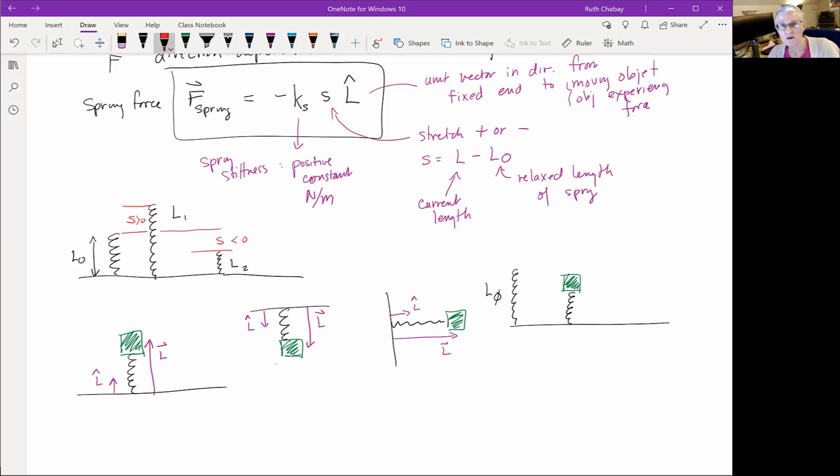Now, in what direction is the spring going to be exerting a force on this block? Up, exactly. So we know that the force needs to be up.